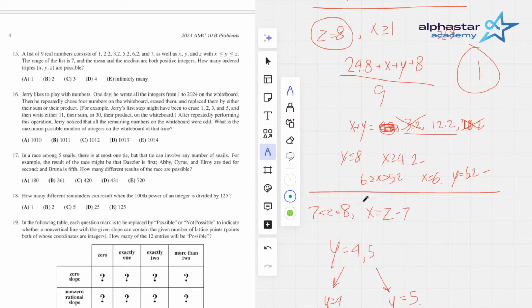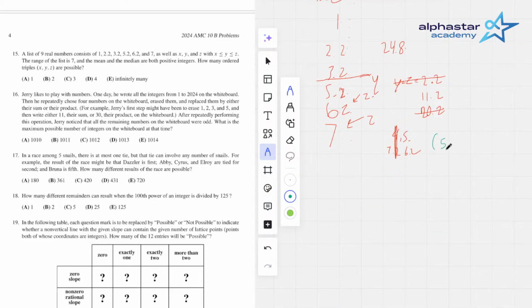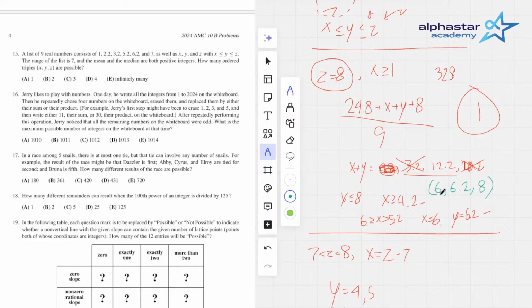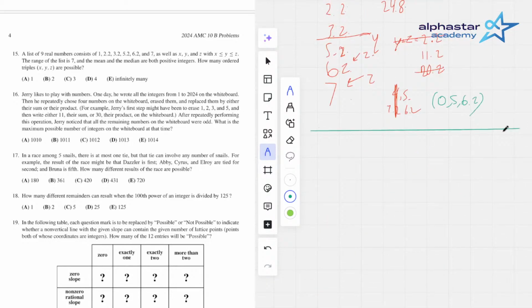So the two possible values would be 6, 6.2, 8, and 5, 6.2, or sorry, 1, 5, 6.2. Let's verify 11.2, 12.2 plus 8. Yeah. Okay, cool. So the answer here would be probably B.